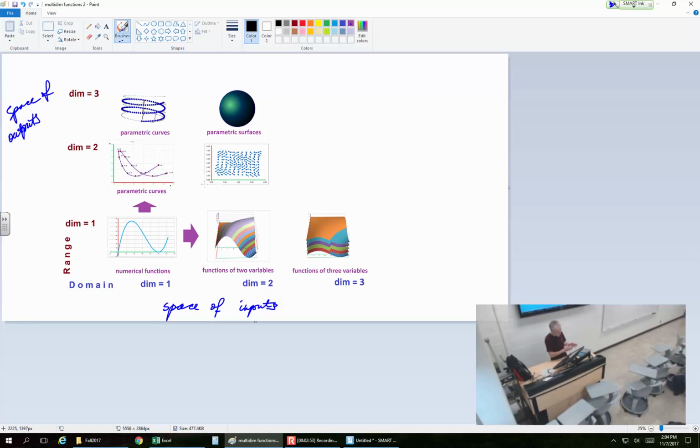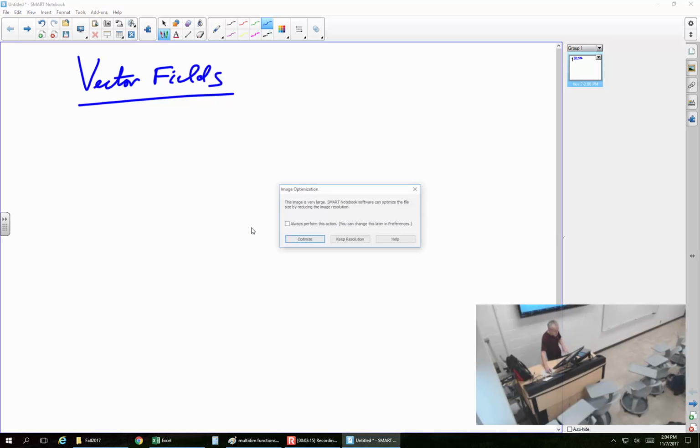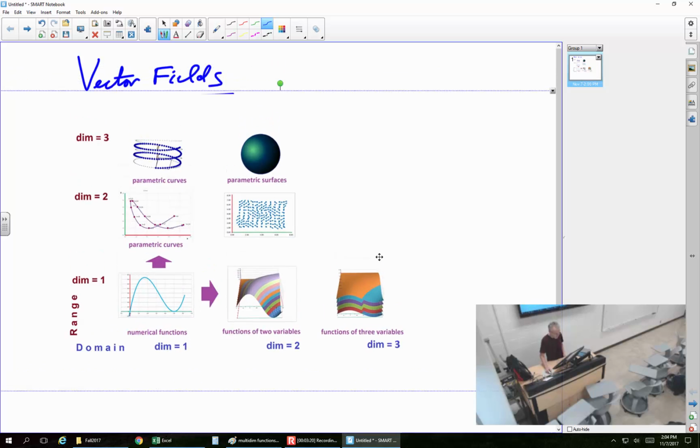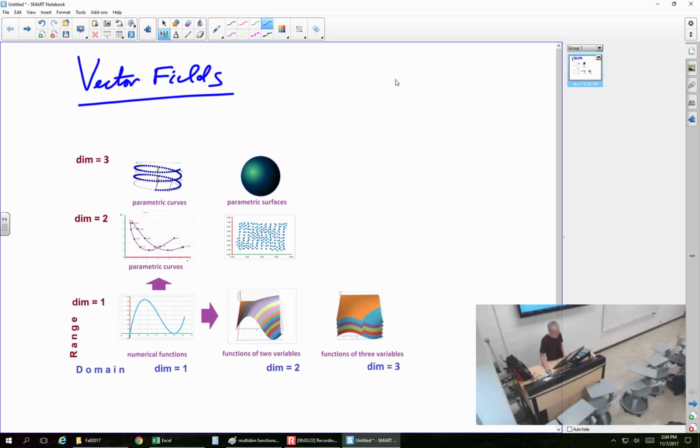So calculus 1 in the bottom left of the table. Maybe I'll be able to draw on this better. Okay, so calculus 1.